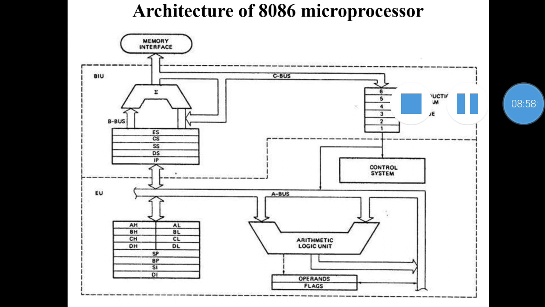Now we come to the second part of the architecture, that is the execution unit. The function of the execution unit is that it receives the opcode from the bus interface unit. Opcode means the operation code of your instruction.